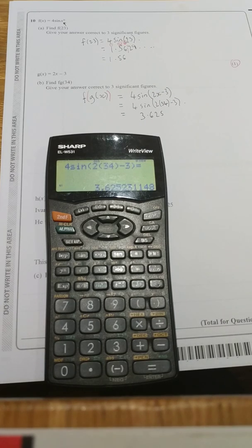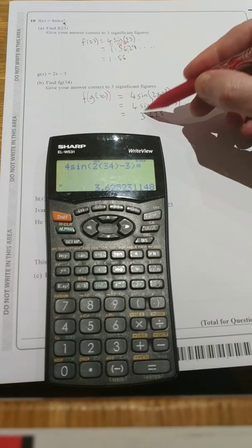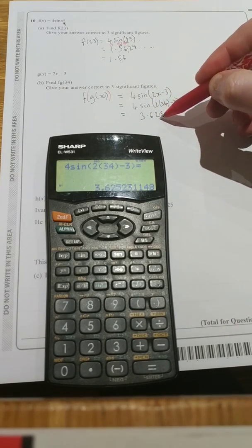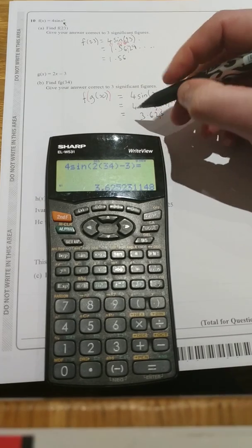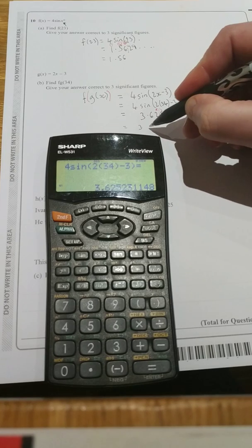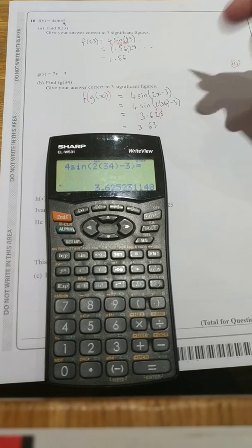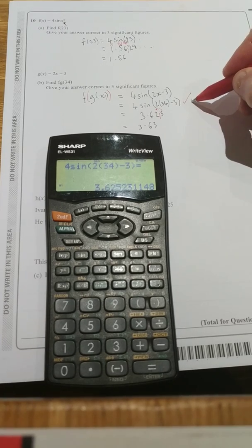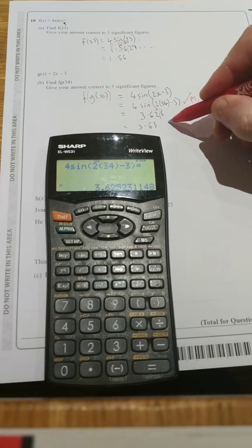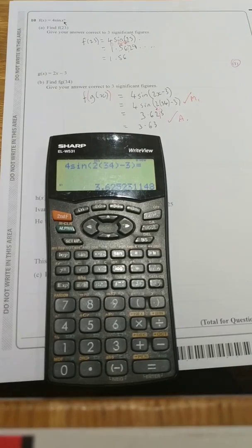Again to 3 significant figures, so there's our 3 figures, 1, 2, 3. There's where we're looking, and the 5 can see over, so it's going to be 3.63. The marks for that were 1 for a complete method, so there's the complete method there, and a second one for the correct answer.